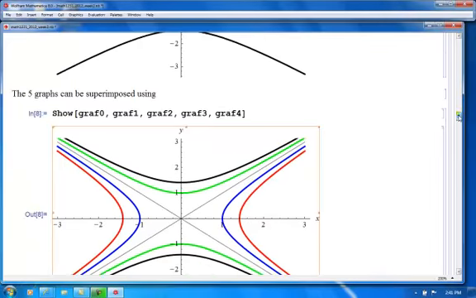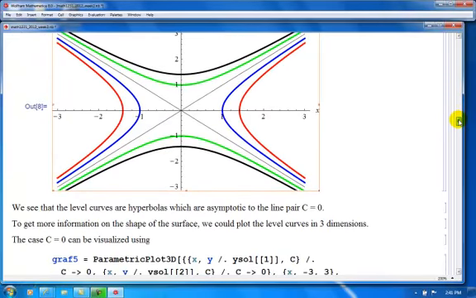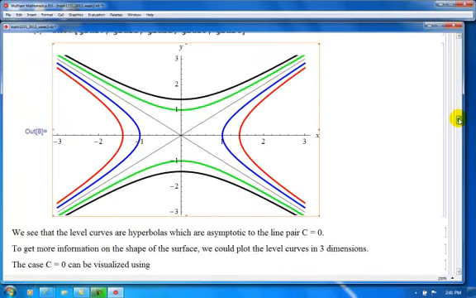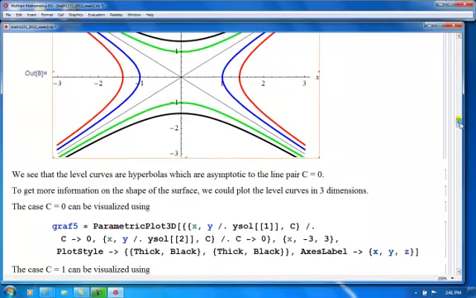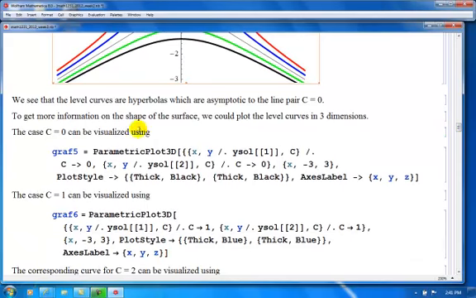Well, that doesn't really tell us what the surface looks like. So to get a bit more information, what I'm going to do is to plot these curves at the appropriate heights, in other words, in 3 dimensions. We can do that using this instruction. So we're using the 3-dimensional parametric plot function.